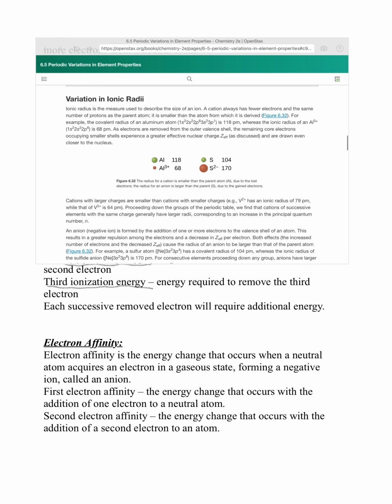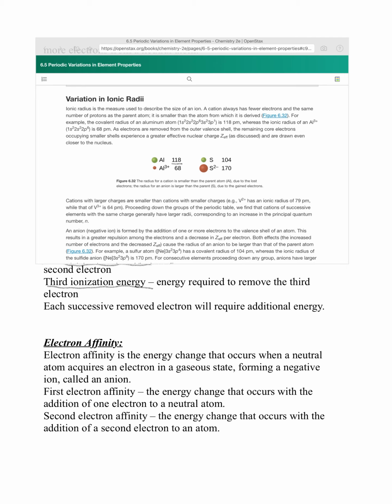And so also there's a variation in the ionic radii as well. And this may help understand a little bit more. Aluminum, right over here. If you look at it, the atomic radii is 118 picometers.